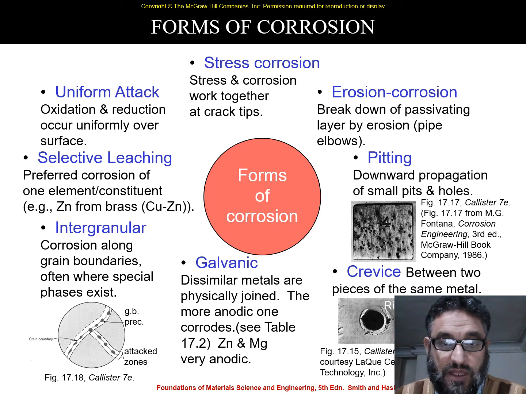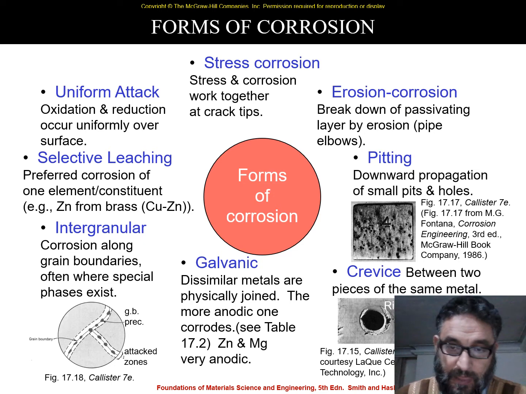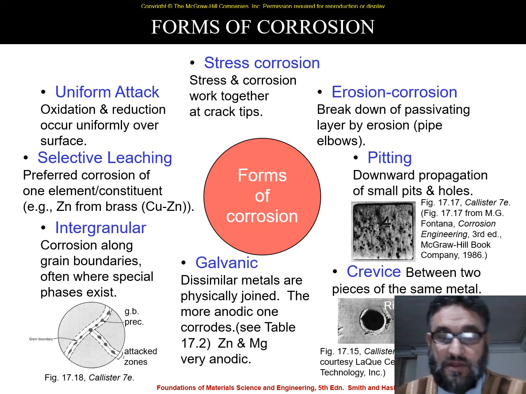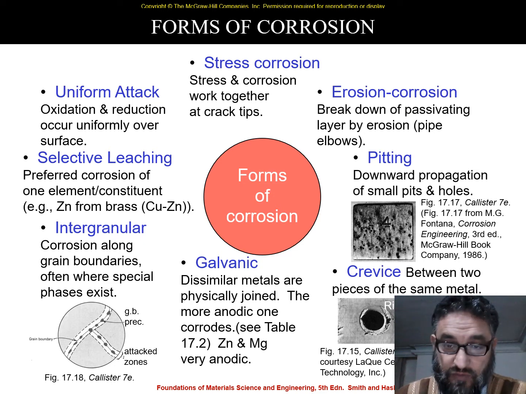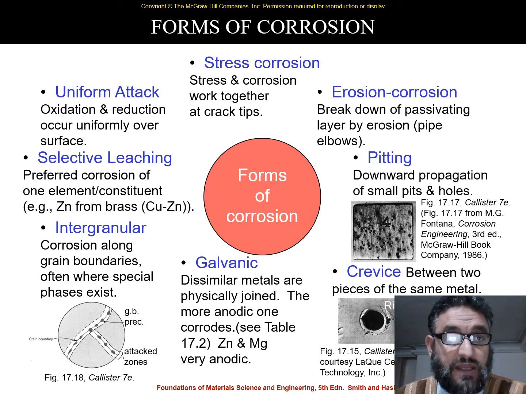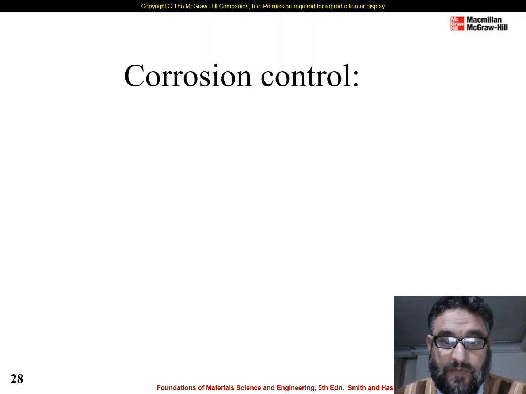Now we must come to the point of how we can protect our devices and equipment from corrosion. How we can eliminate and stop the corrosion. Is it possible? Yes, this is possible by following the techniques of corrosion control.